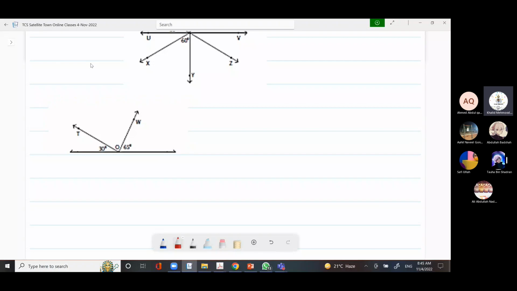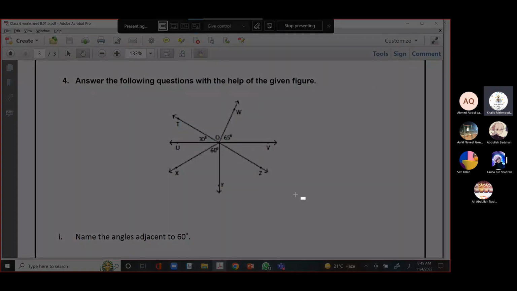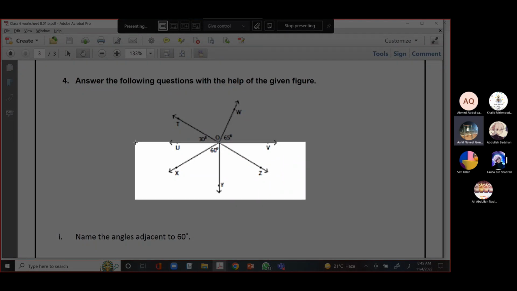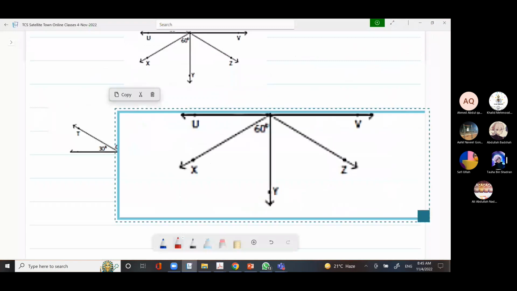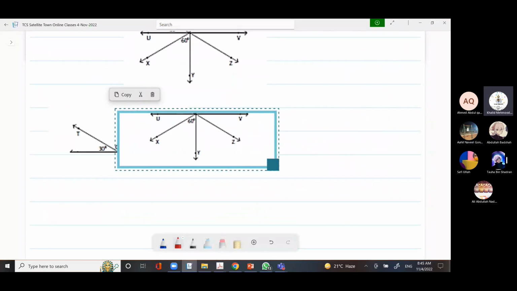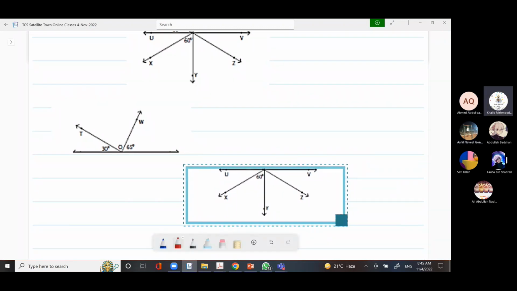Is it making a supplementary angle? Yes, sir. And what about this shape? If I'm copying this shape here, this is another supplementary angle, isn't it? Yes, sir.